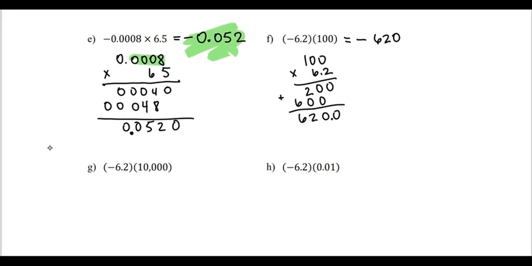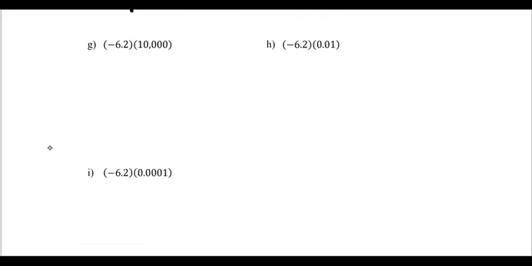So next one, negative 6.2 times 10,000. So again, I'm going to start with the 10,000. So we're going to do 10, 1, 2, 3 times 6.2. I don't want to confuse you with the comma for the place value and the decimal point.